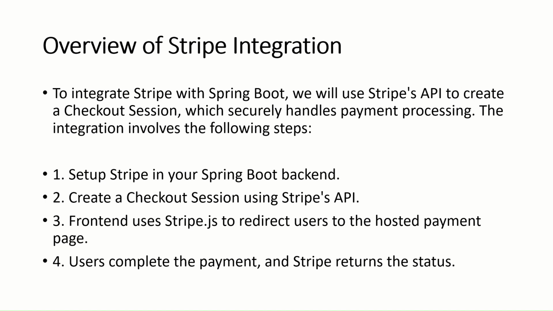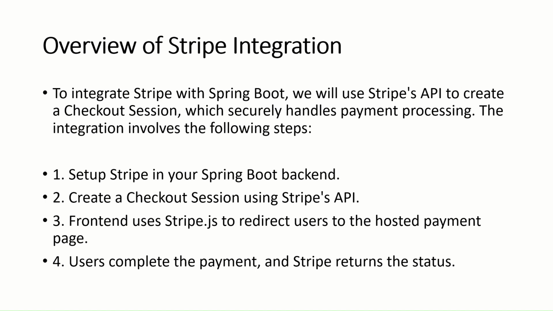Okay, everything we are going to discuss, we'll also see how we are going to develop those things, so don't worry about that. Now users complete the payment and Stripe returns the status. This is the whole set of steps that we are going to perform here.